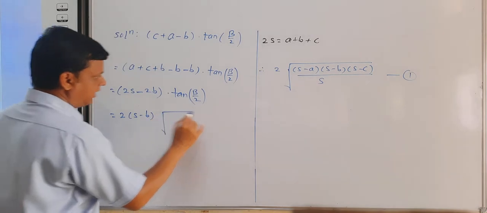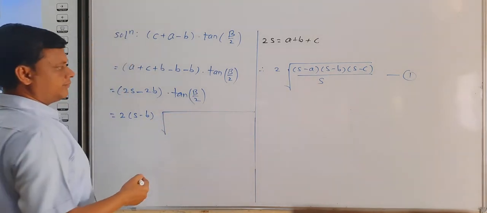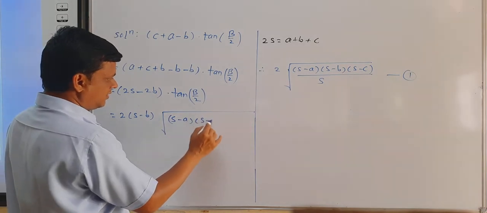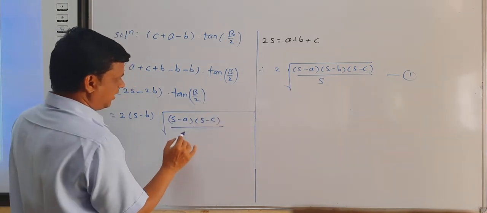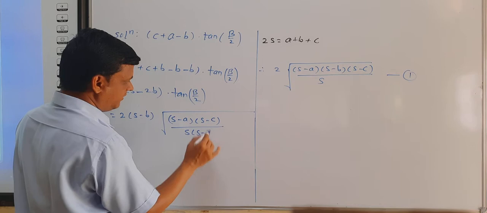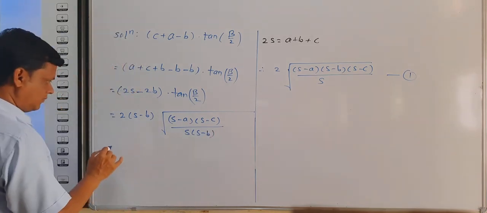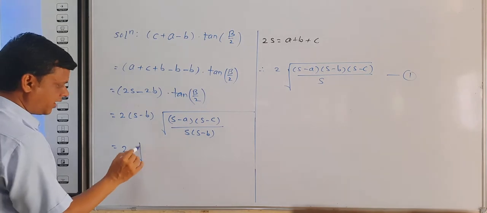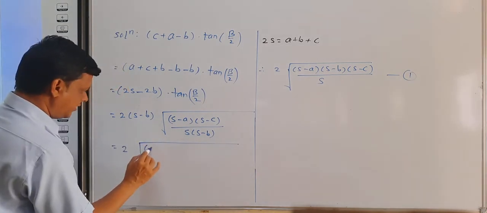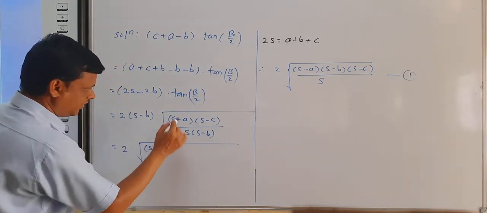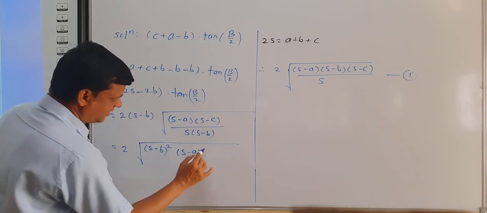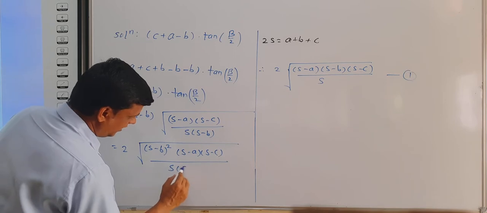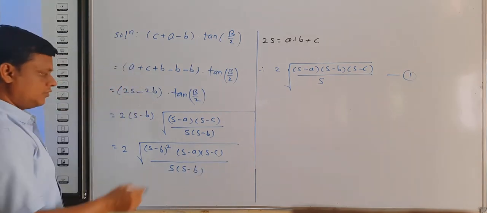So we write the value of tan(B/2) in terms of s. The value is under root (s − a)(s − c) upon (s − b). After writing this (s − b) in square root, we have to take its square. So we write (s − b) its square into (s − a)(s − c) upon (s − b).